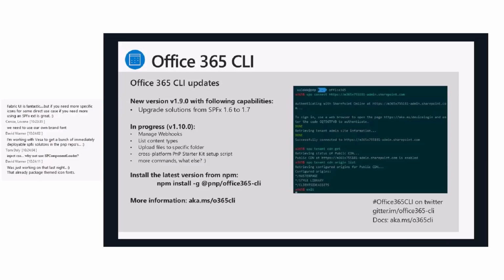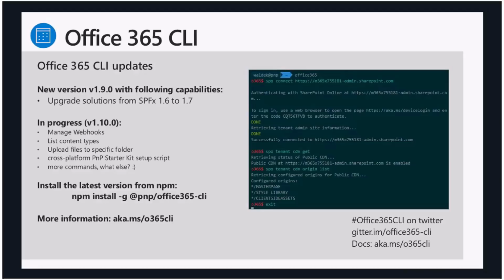In progress, you can manage webhooks, list content types, upload files to specific folders, and of course we're still working towards a cross-platform equivalent to the PnP Starter Kit setup script. You can install this with npm install -g @pnp/office365-cli. You can follow the Office 365 CLI hashtag on Twitter.